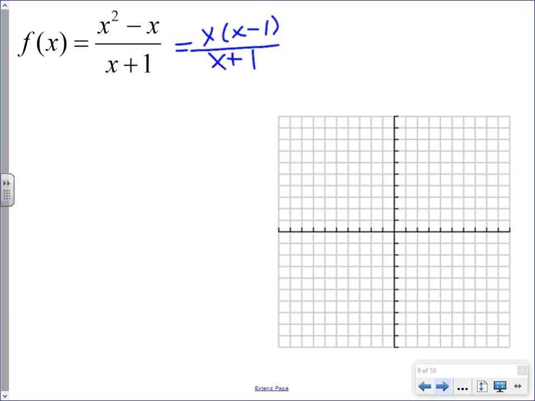Can we simplify? No. It's worth a try. Okay, so now let's look at where our denominator is 0. Our vertical asymptote is where? X equals -1.